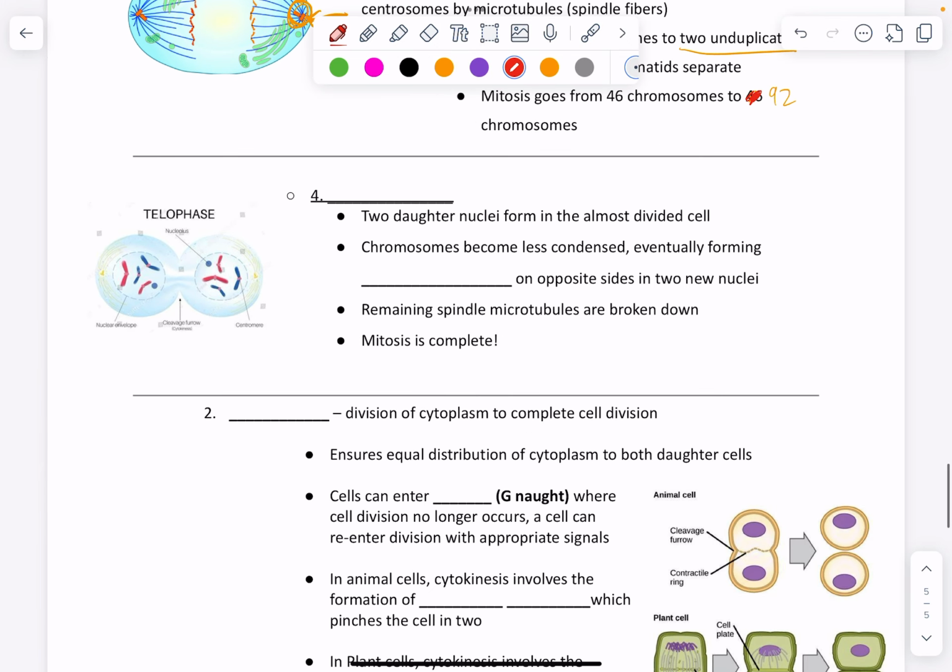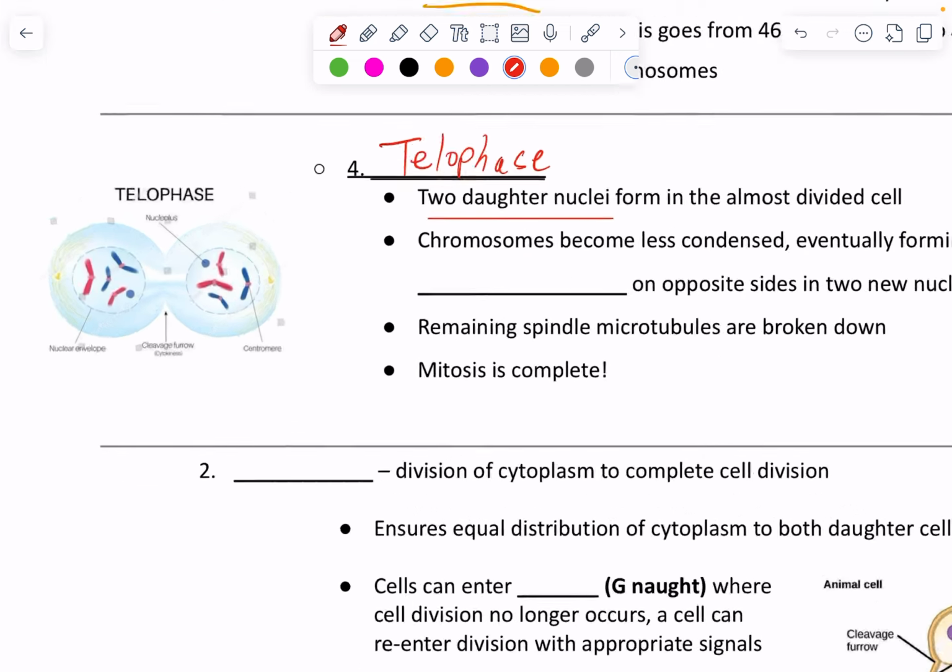Okay, and so that takes us to our last step of mitosis, which is telophase. Telophase is all about basically repeating or undoing all of those steps in prophase, except we have two cells now. We're about to have two cells. So where we had a nuclear envelope break down, here we have two daughter nuclei start to form. The chromosomes become less condensed, right?